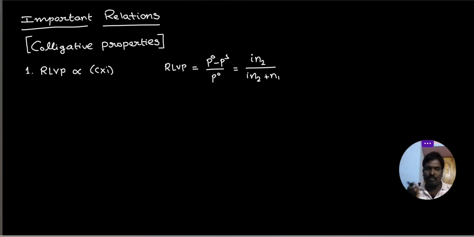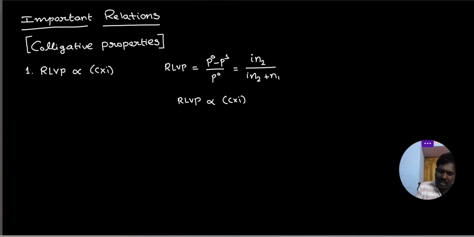Always that van't Hoff factor we have to multiply with solute particles. So relative lowering of vapor pressure is directly proportional to C into I, concentration into van't Hoff factor. Very important.